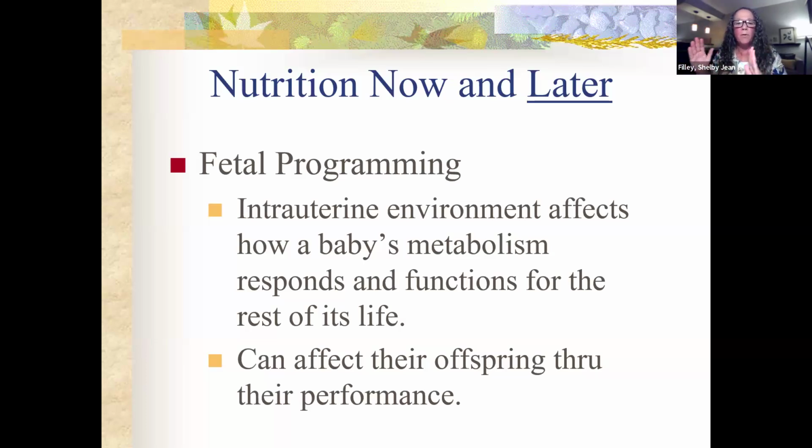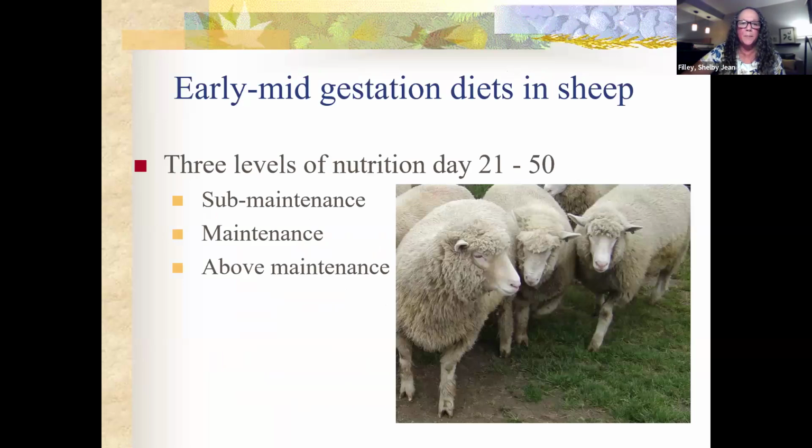We're talking for the rest of its life. So it can affect their offspring through their performance. So not the mothers, but the baby that was in utero when a condition happened can affect that baby's offspring as well.